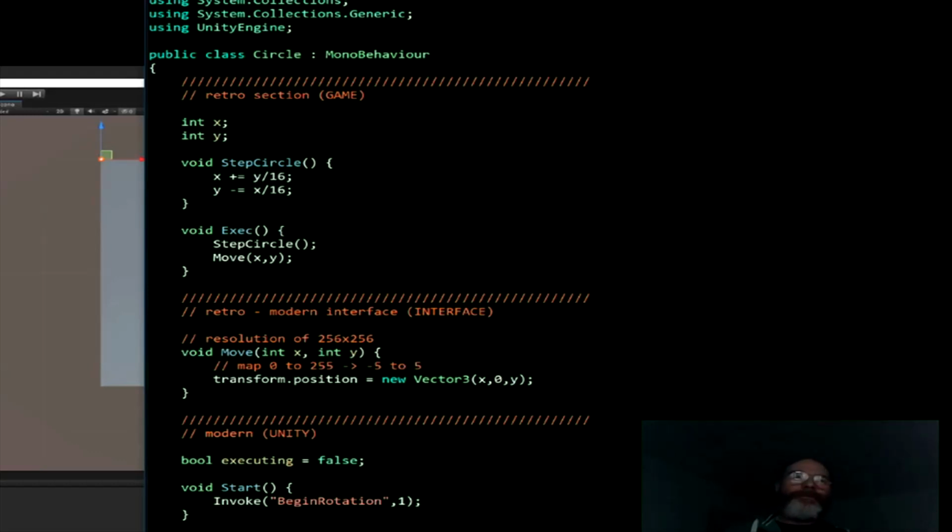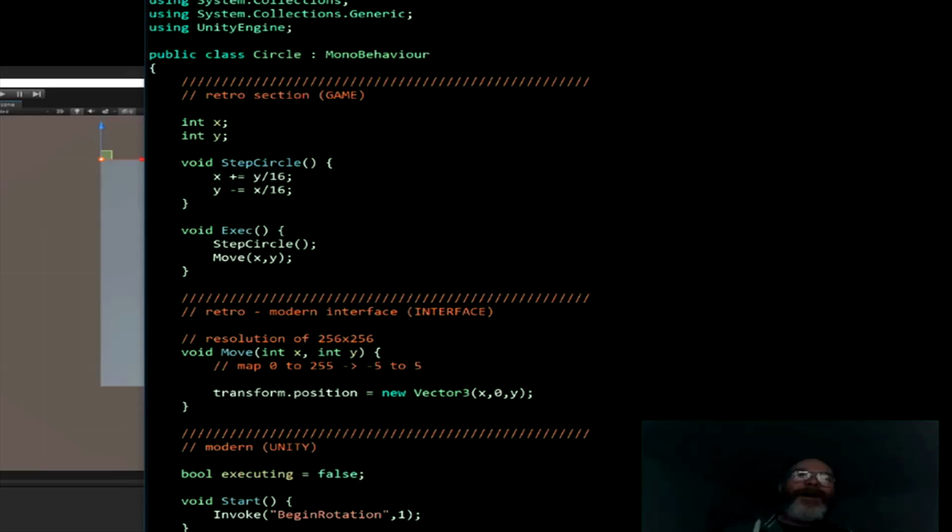Needs to map from to 5. Because I can use Unity, I'm going, well, should I do it by hand? Because you could always do just like an inverse lerp thing. I'm going to show you that because it's quite handy if you want to do a mapping from one range.